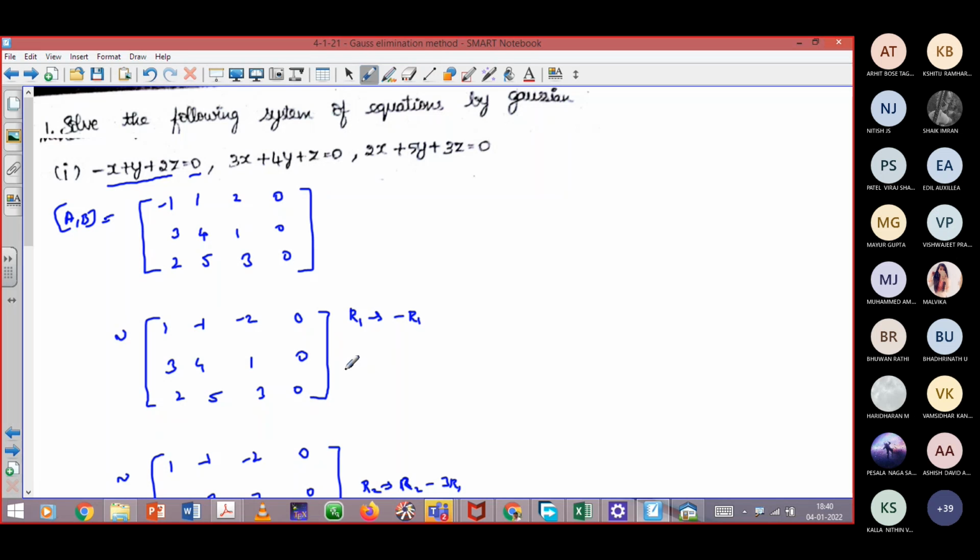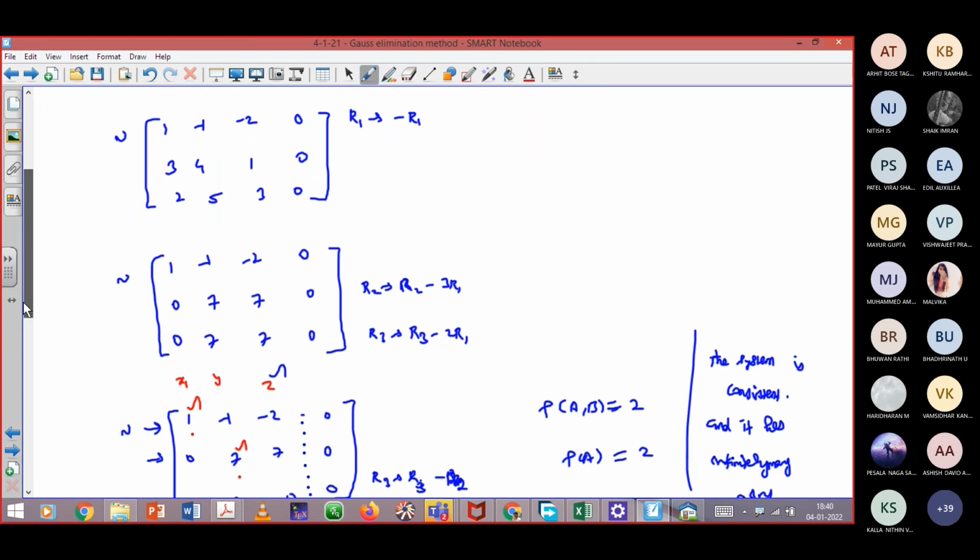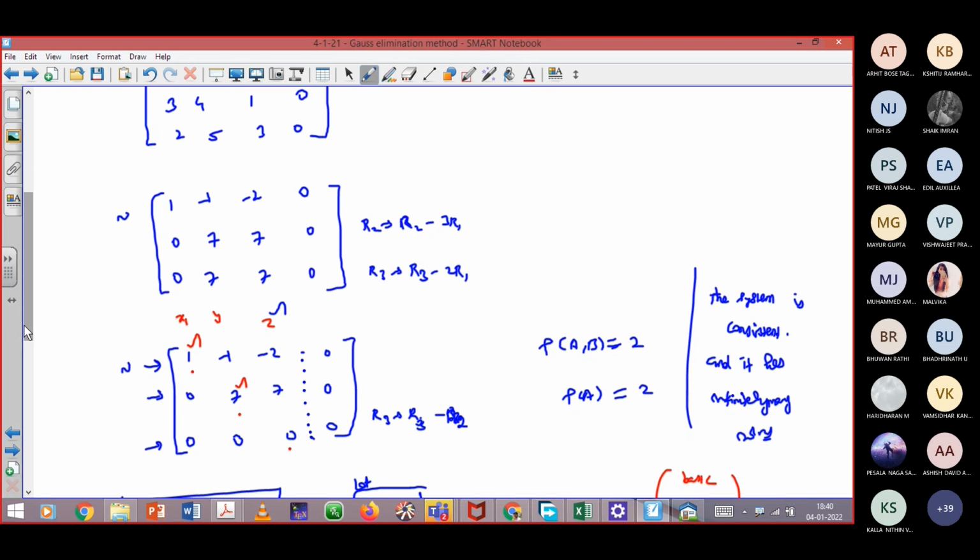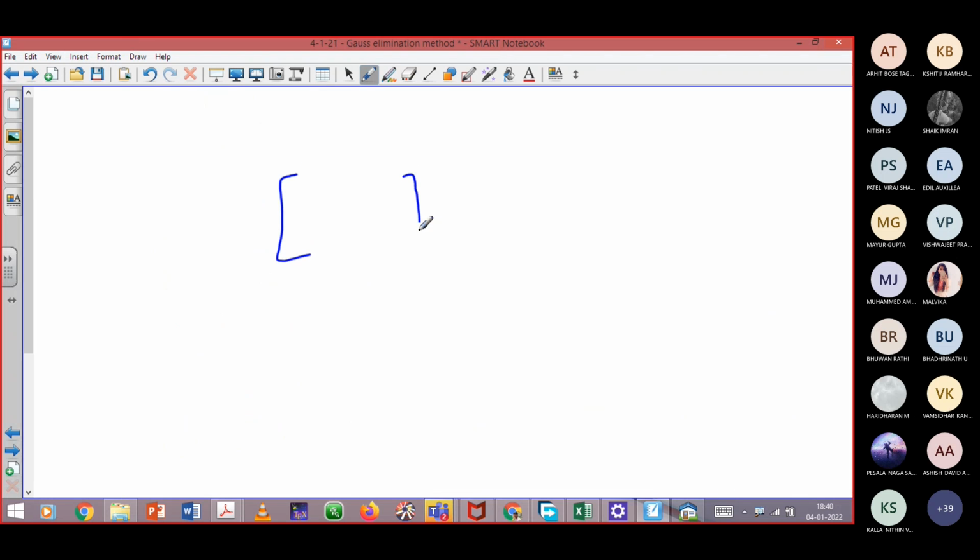Sir, how do we calculate the rank? Sorry, can you please repeat your question? Sir, the rank of A comma B. Okay, rank. See here, one example. Take 1, 2, 3, then maybe 0, 1, 0, next 0, 0, 0.